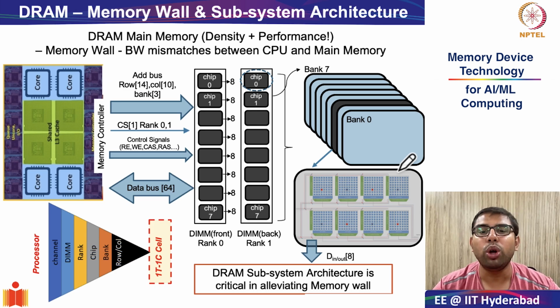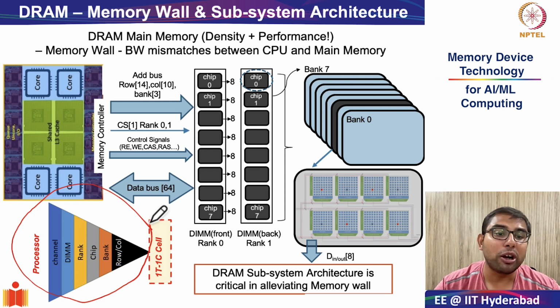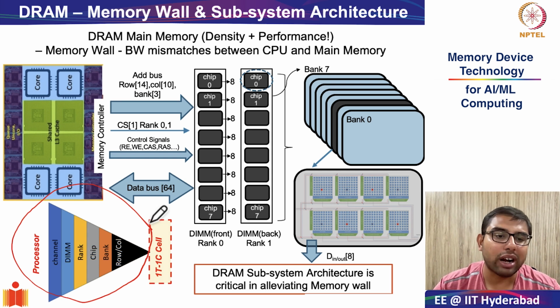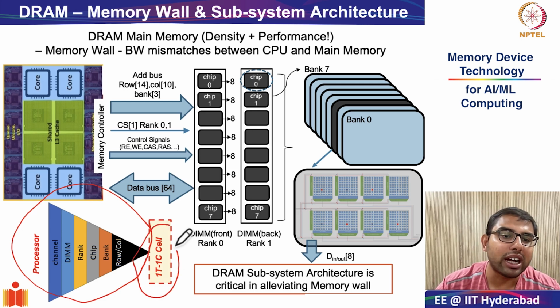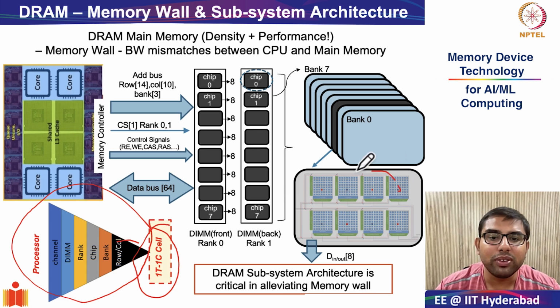So you try to make sure that you have as much parallelism as possible, and that was possible through this inverted pyramidal architecture of your DRAM subsystem. Right at the bottom, you had your 1T1C cell, which got integrated in the form of rows and columns. As you can see, these 1T1C cells were integrated in the form of rows and columns.